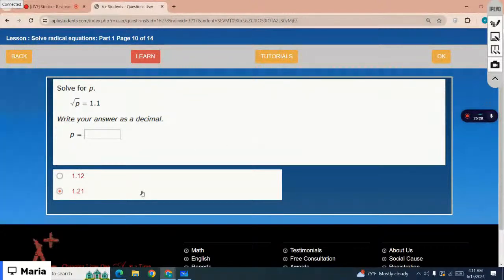Squares and square roots are opposite to each other, so the correct option is 1.21. Okay, you can complete the lesson by yourself. Just move on to the next lesson.